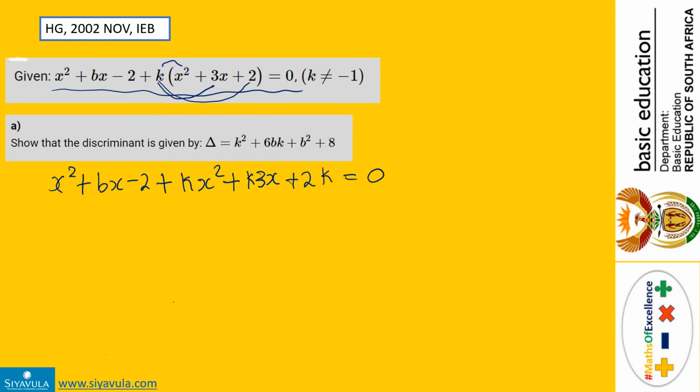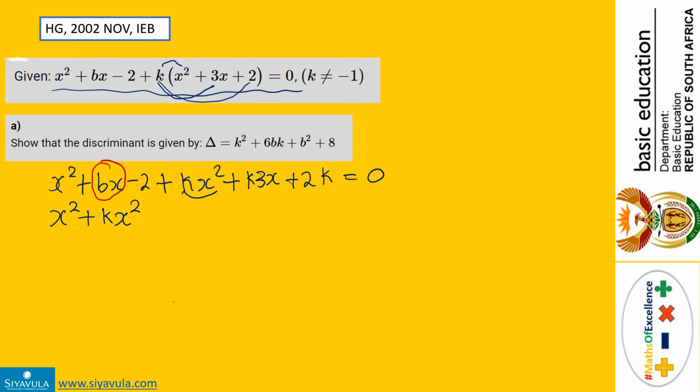So now we can group the like terms together. We have x squared. Does it have a friend? I think it has a friend, which is plus kx squared, because they are like terms. Then let's look for other like terms. As you can see, we have bx.